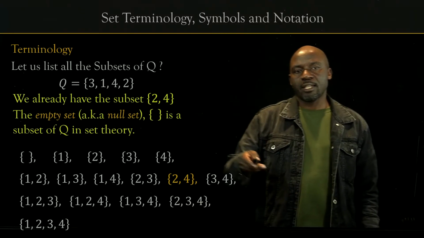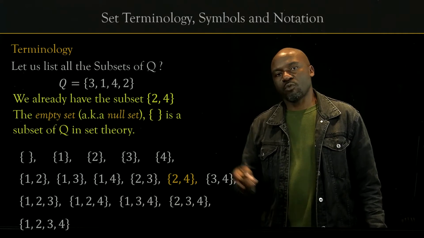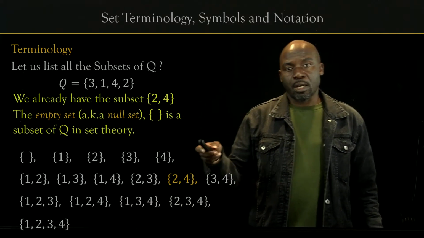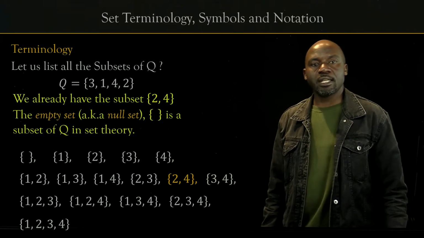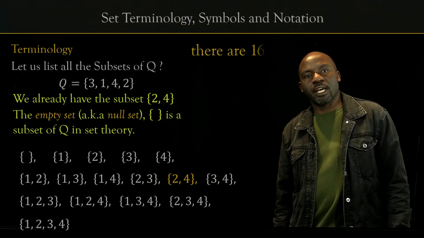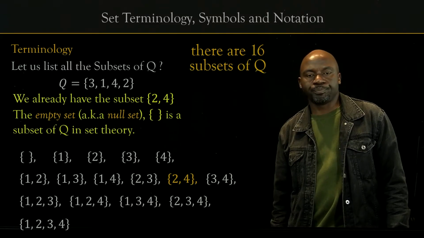If you check, there should be no other subset that we can draw from here. If we count them, you should be able to see that there are 16 subsets of set Q.